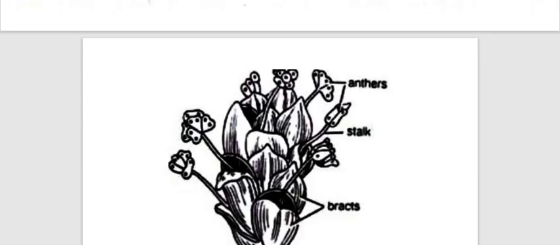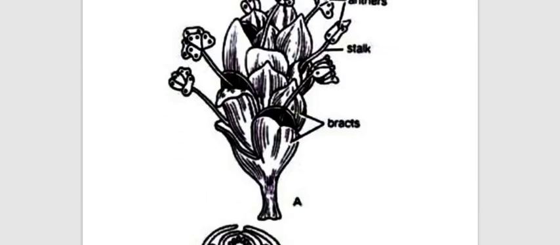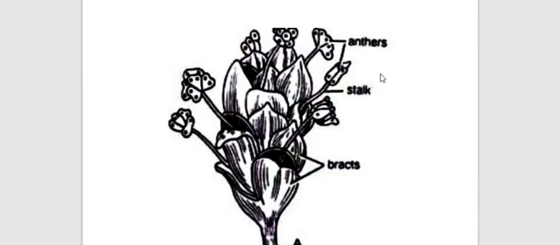When these microsporangia mature, here we can see another diagram of the male strobilus in which we can see the bracts in pairs, in the axils of which the microsporophylls are produced, and at the upper ends of which the anther-like structures, microsporangia, are produced.